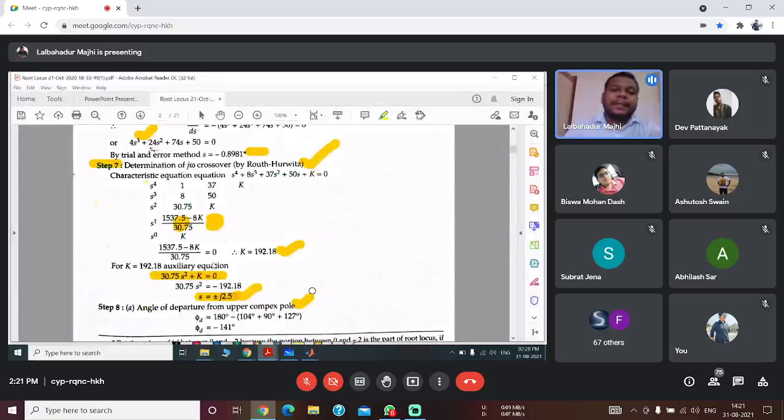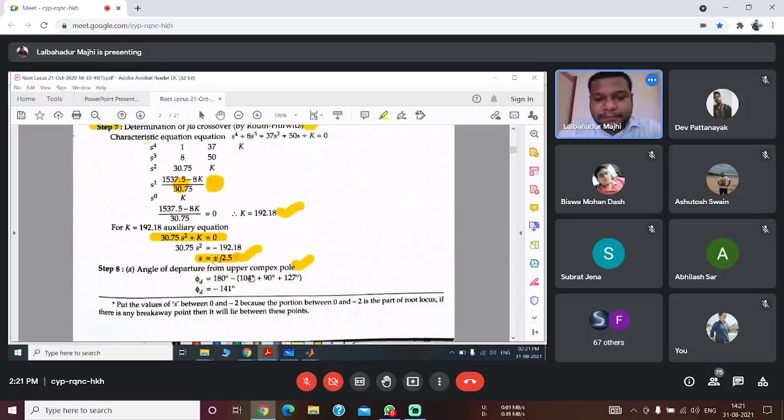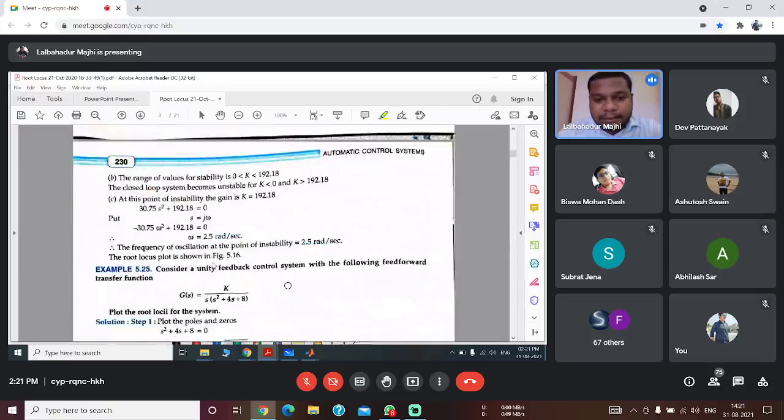So if there is a complex pole, then there will be an angle of departure, and if there is a complex zero, then it will be the angle of arrival. Clear?